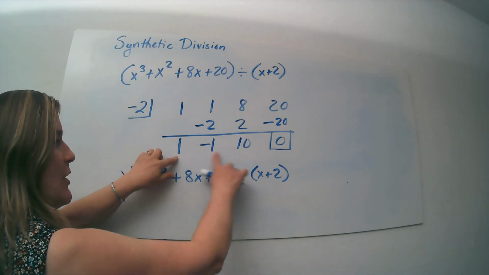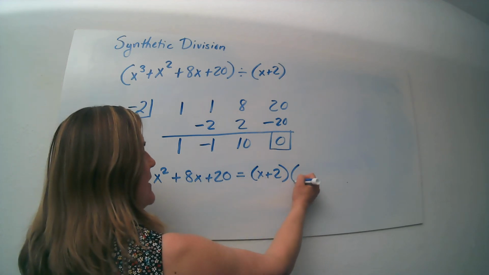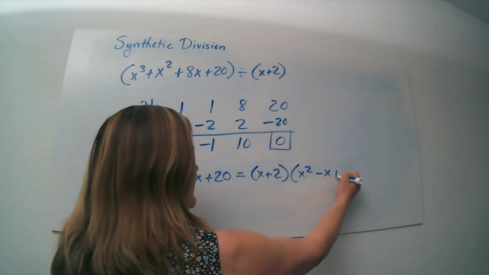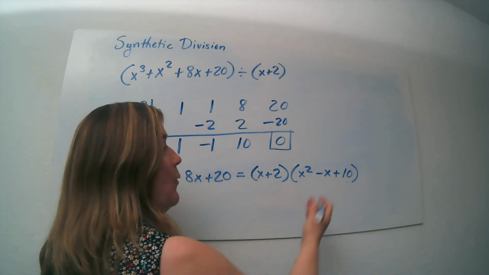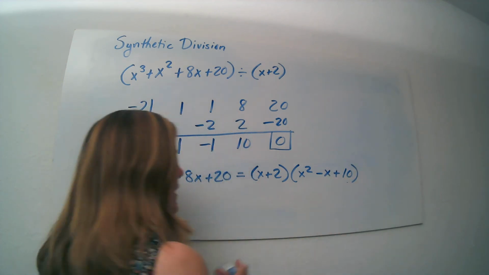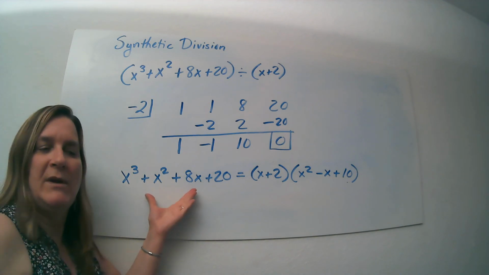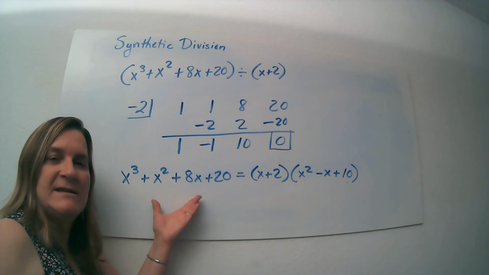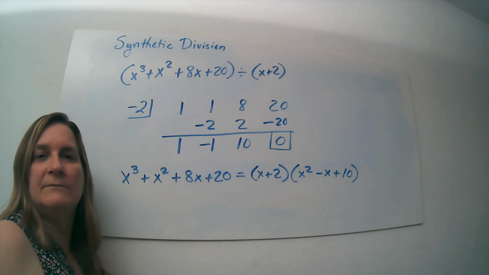And again, these are our coefficients of our quotient. So it's x squared minus x plus 10 with a remainder of 0, which means this polynomial was actually factorable. And that will be significant in later sections.